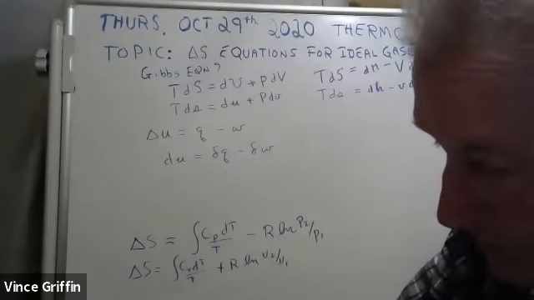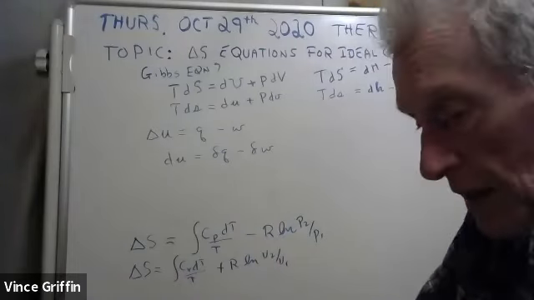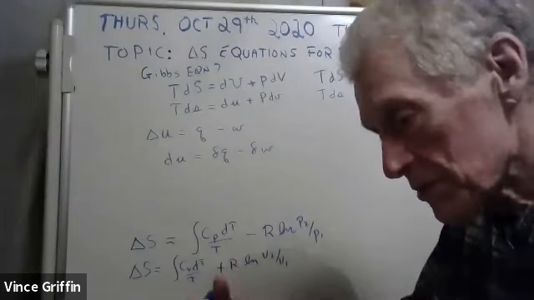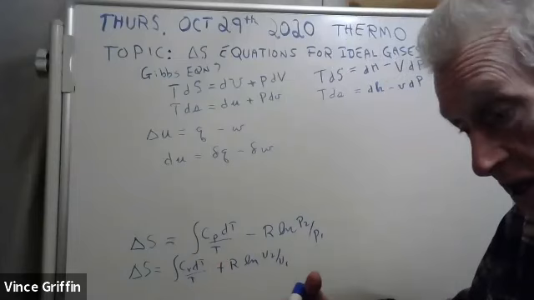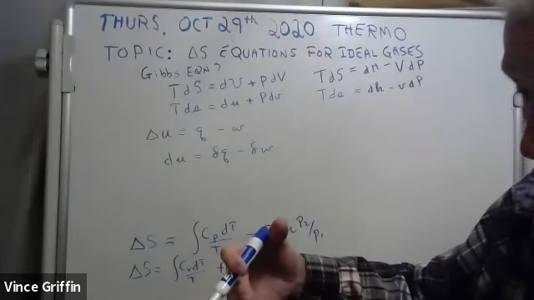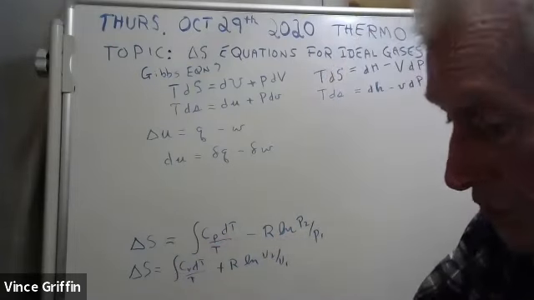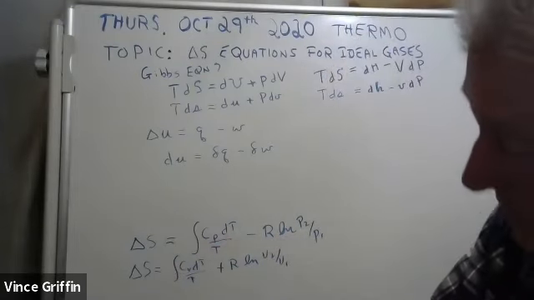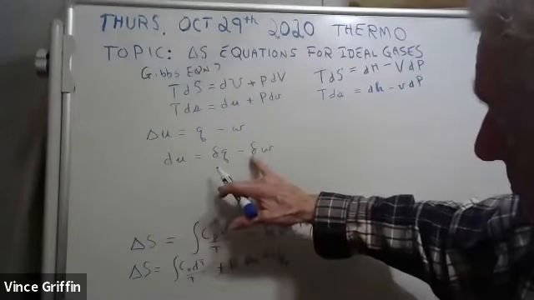You don't have work at some state 1 and work at some state 2. Work is a process-dependent thing. It takes time to do work, and you have to go from one state to a different state through some kind of process in order to do work. So they don't have exact differentials.